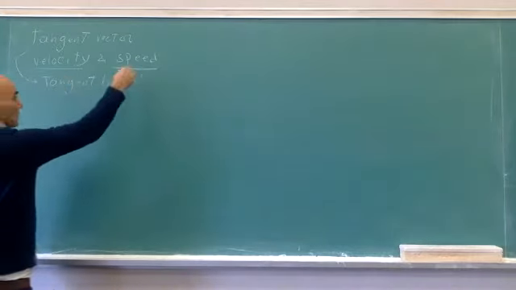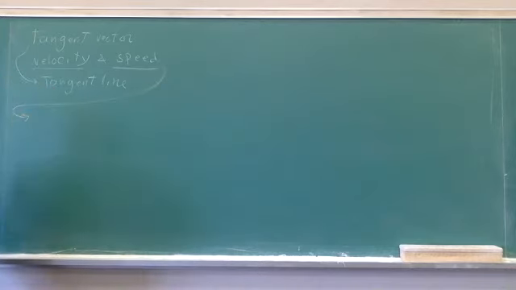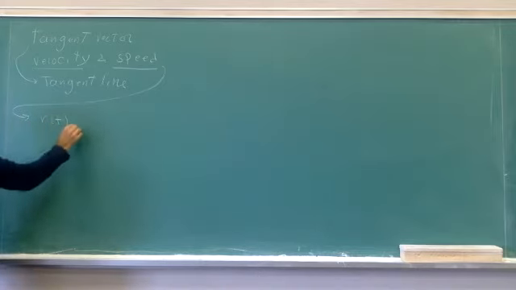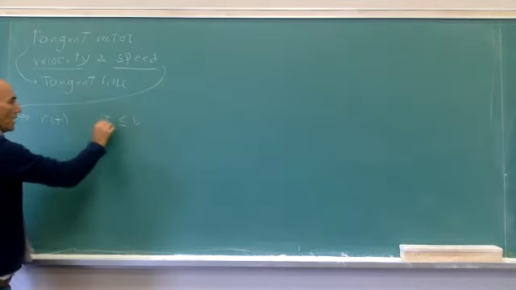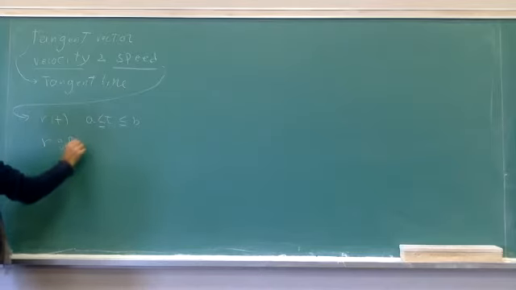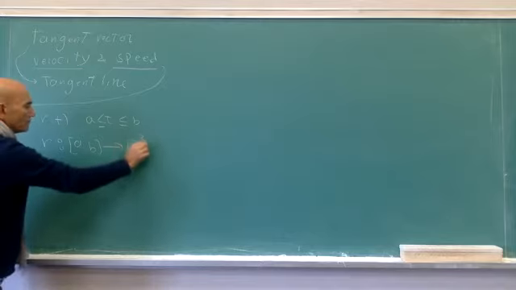Okay, so this is a good place to discuss that. So what was the setting? We had a curve, a particle moving in space, like r of t, where t belongs to some interval [a,b]. So r is a function from this interval to R3.